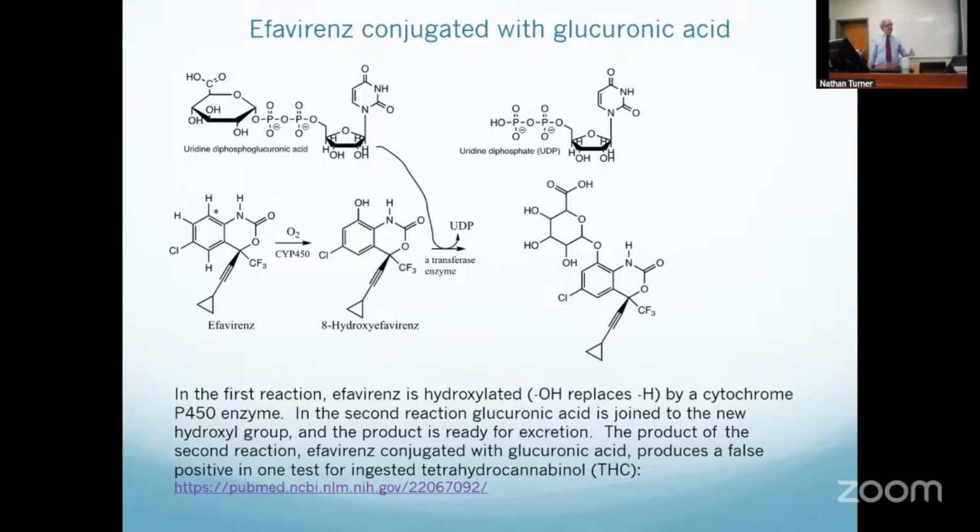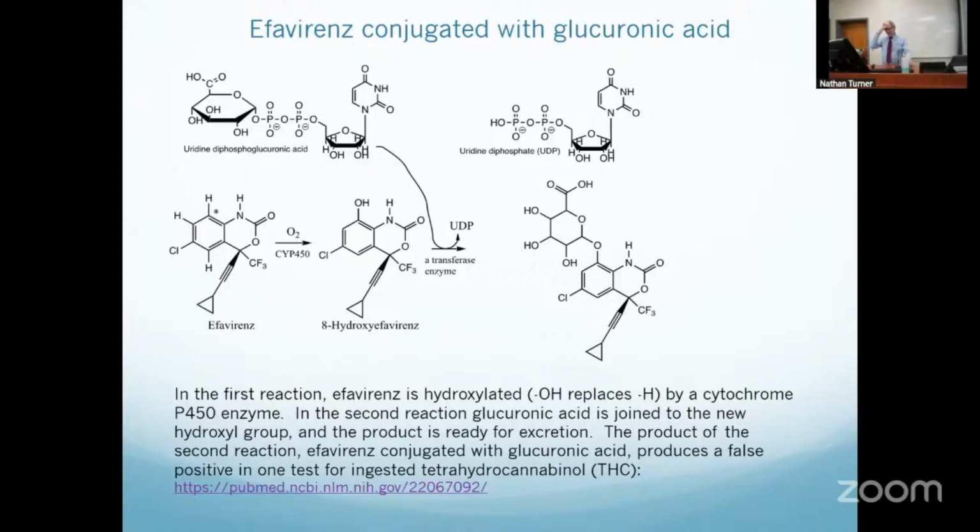And then a second bit of metabolism happens. That oxygen becomes the connection point for this large group of atoms that I'm showing here. It's based on glucose, and what we make is called a glucuronide. You don't need to worry about the name. There's no quiz afterwards. So it's glucuronic acid attached to what was efavirenz. And the EMIT test detects this conjugate, this metabolized form of efavirenz.